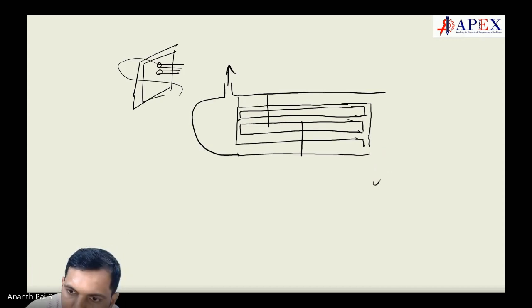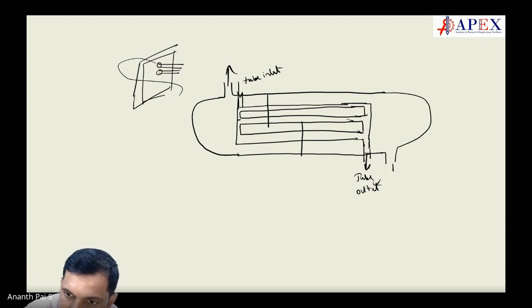The tube will go like this. I will talk about the tube. This is tube inlet and this is tube outlet. Then here you have shell inlet, and this is shell outlet.